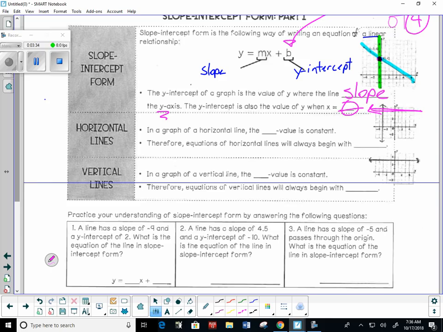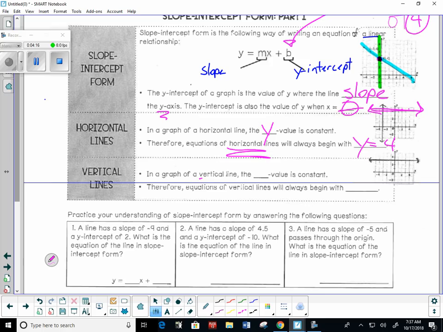Therefore, equations of horizontal lines will always begin with y equals. Here, y equals 4. Every y value is 4. We can say that's (2, 4), (4, 4), (-2, 4). So every y value is going to be 4.